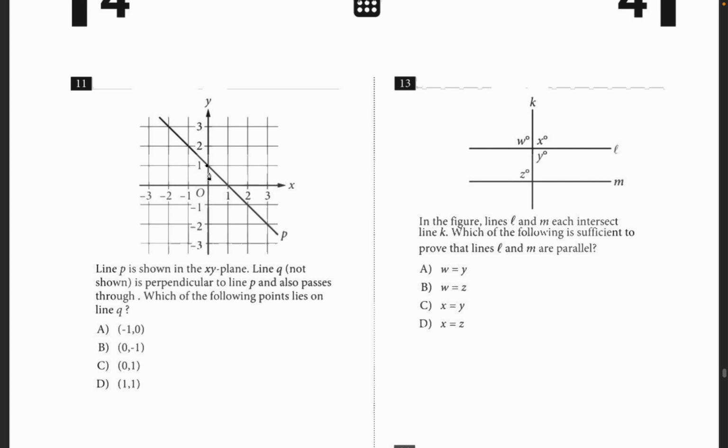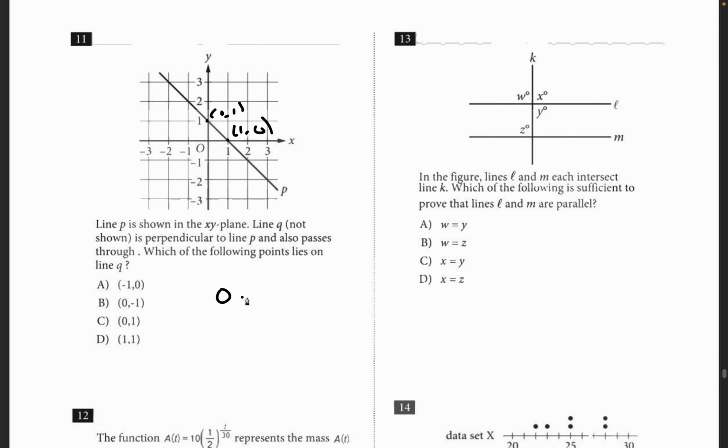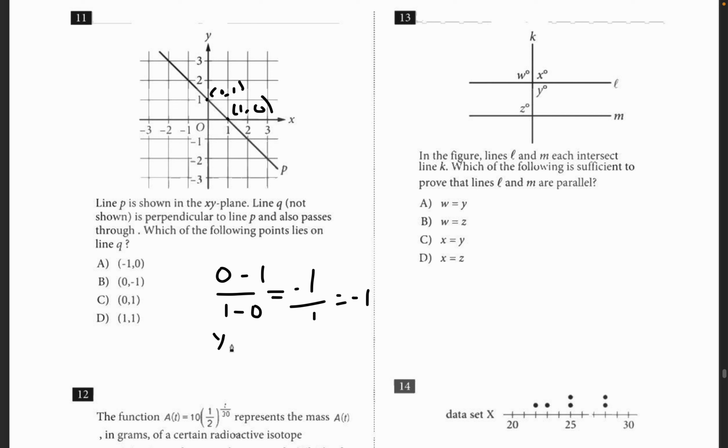We have this point and this point, so this is 0, 1 and 1, 0. Let's do the slope: 0 minus 1 over 1 minus 0 equals negative 1 over 1, which is a slope of negative 1. So it's going to be y equals negative x plus 1.